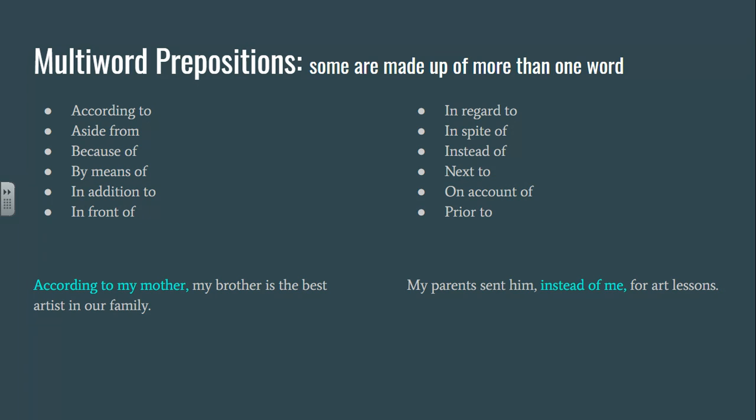So, according to my mother, my brother is the best artist in our family. According to my mother is the phrase, according to is the preposition, and mother is the object. And on the other side of the screen, my parents sent him instead of me for art lessons. Instead of me is the phrase, instead of is the preposition, me is the object.